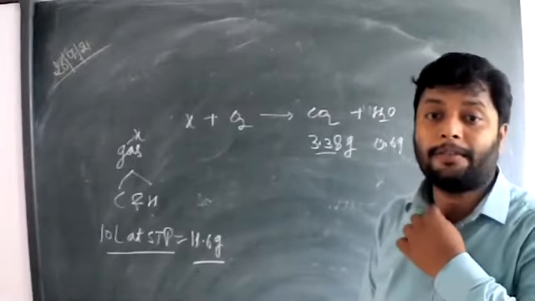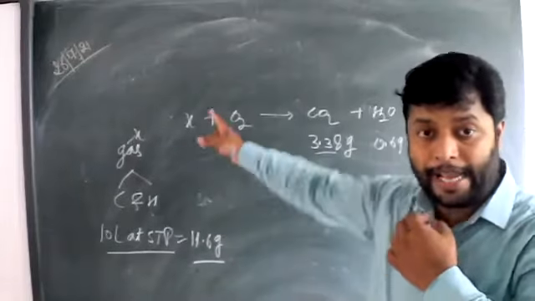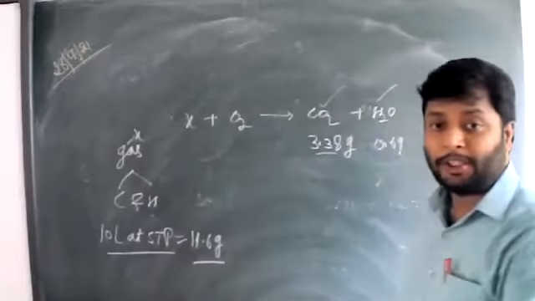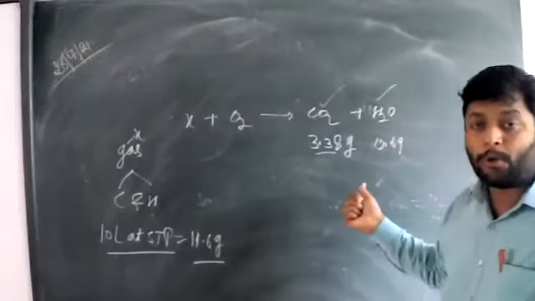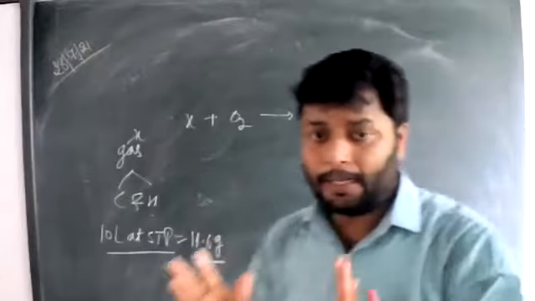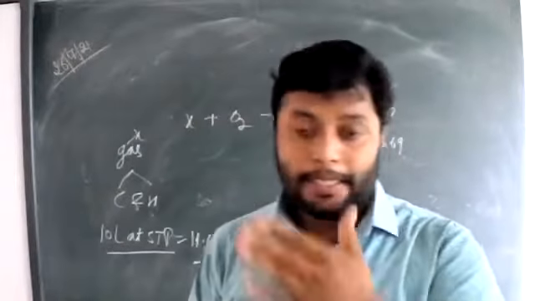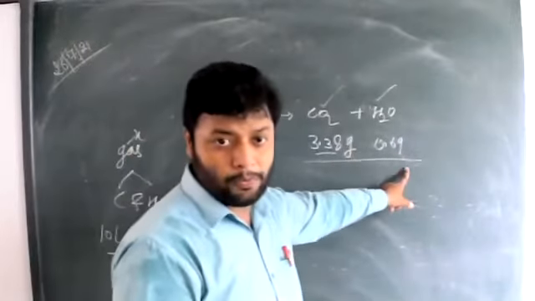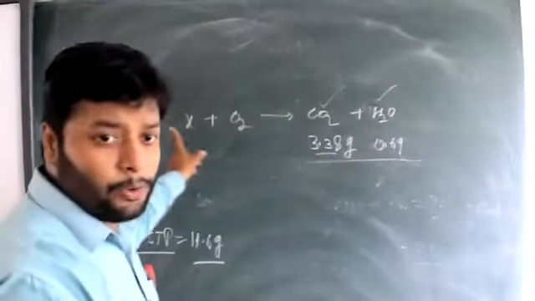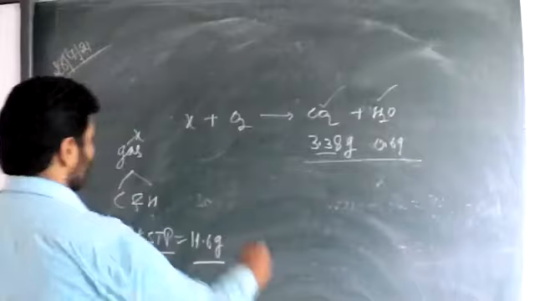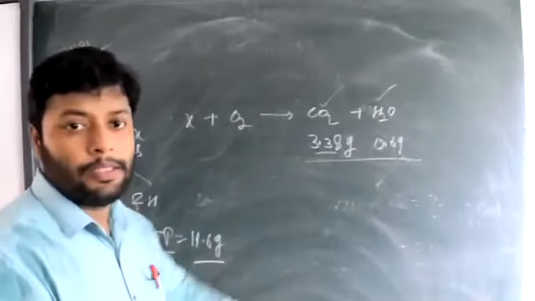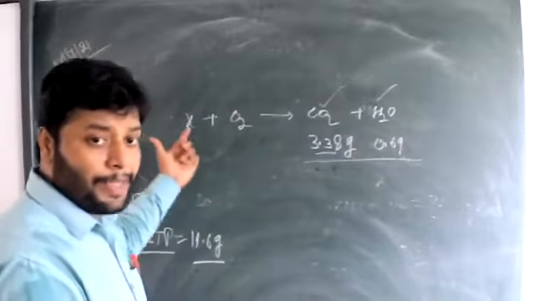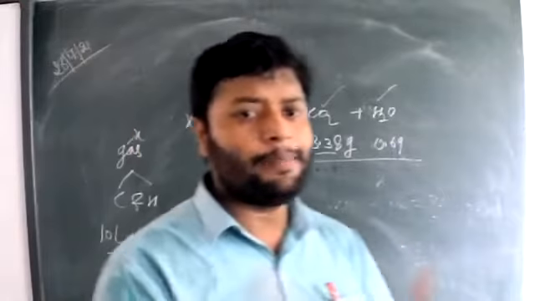We have CO2 and water. According to conservation of mass, the sum of 3.38 and 0.69 must be equal to the sum of X plus O2, because mass will be equal on both sides.